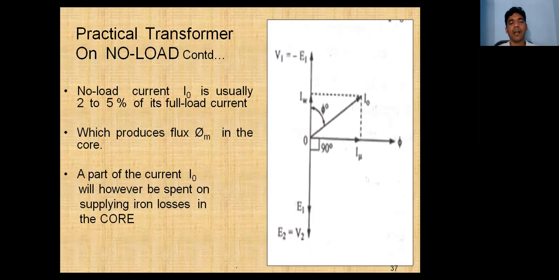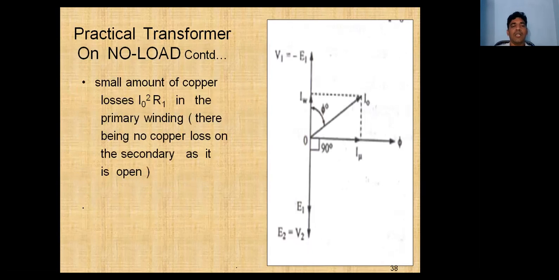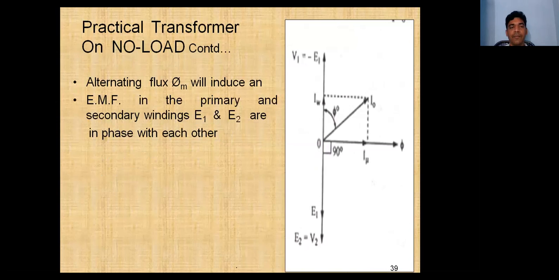A part of the current I0 will, however, be spent on supplying iron losses in the core, that is the working component IW, and a small amount of copper losses, I naught square R1, in the primary winding, there being no copper loss in the secondary as it is open. Alternating flux phi m will induce an EMF in the primary and secondary winding.